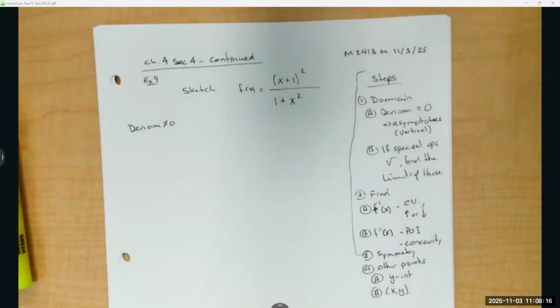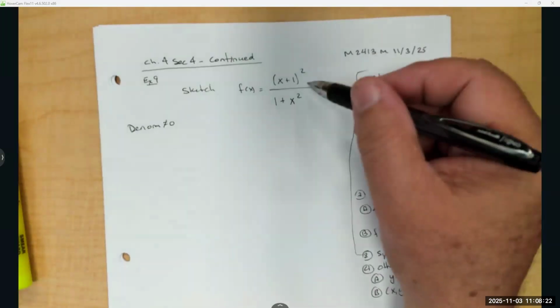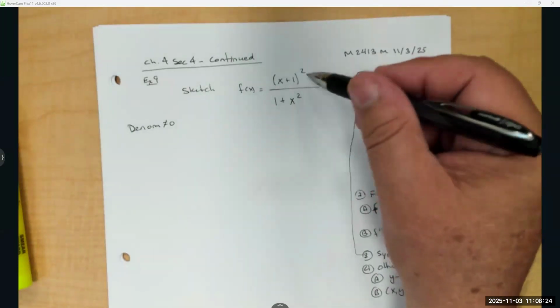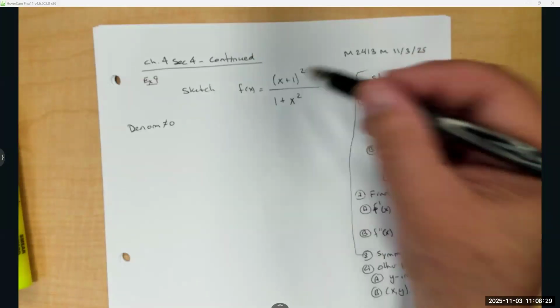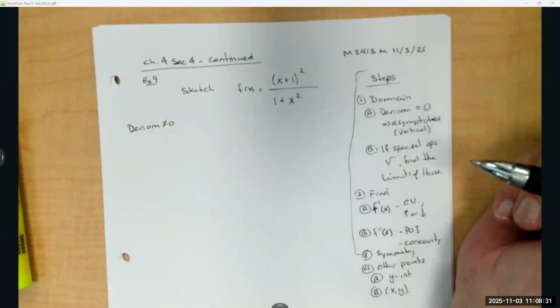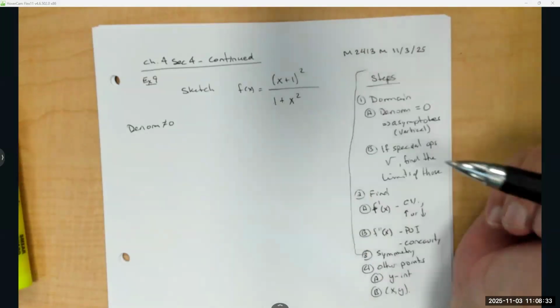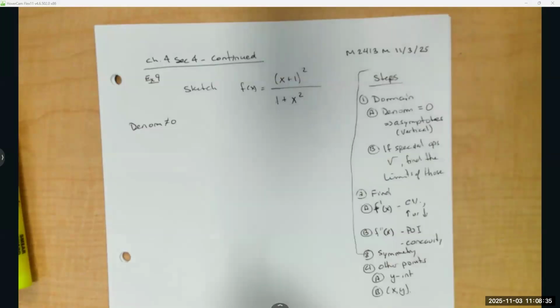It's a quadratic equation where it can never equal 0. What do we do about the numerator? Yes, it can equal 0. The y-intercept is at 1, because 1 over 1 gives us 1. So we're going to get all these sort of things so far.